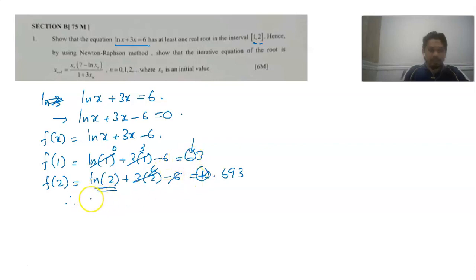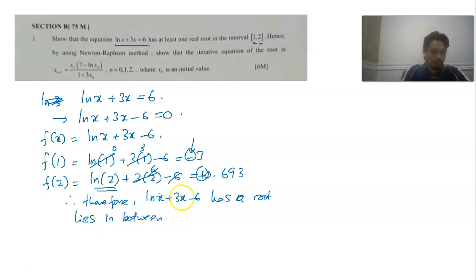Therefore, the function natural log of x plus 3x minus 6 has a root lying between 1 and 2, in the interval of 1 and 2. You may write out the statement on your own.